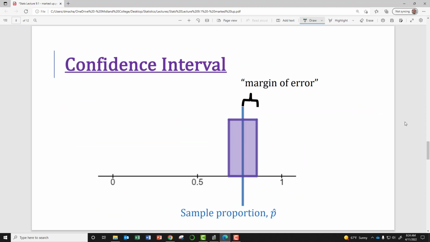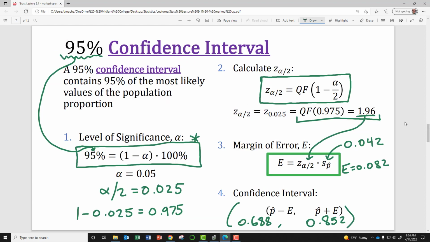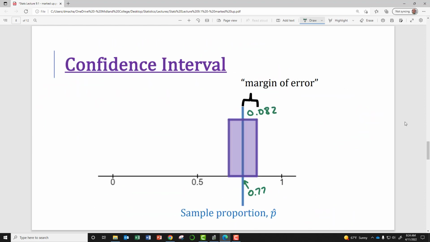Just to visually look at this, my sample proportion was 0.77. And again, this purple box represents my confidence interval, where my margin of error was 0.082. So that's going to be the width from my sample proportion to the upper bound of the confidence interval. And that's also the width from my sample proportion out to the lower bound.